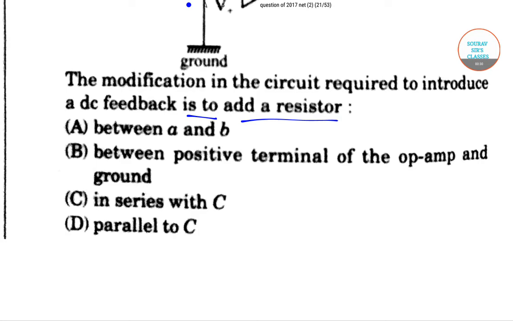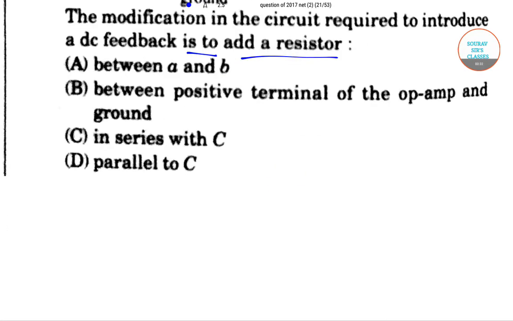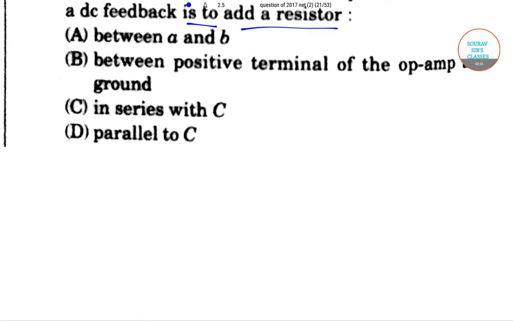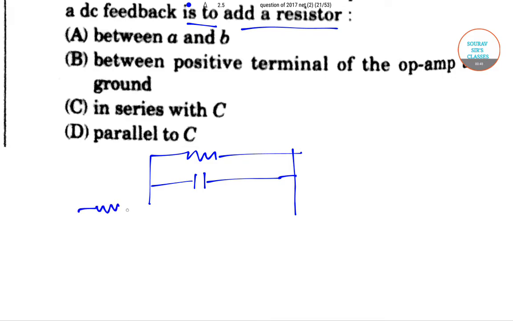So we can draw the modified circuit. This is R, this is the capacitor C, then this is the resistance.